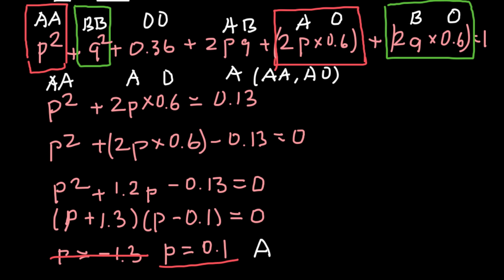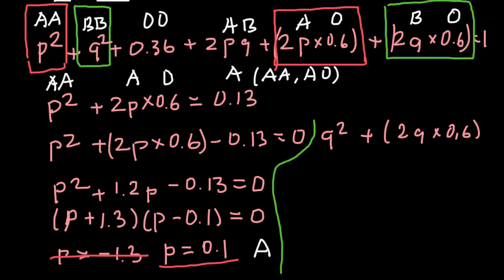I forgot to put the square sign here. So we have Q squared plus 2Q multiplied by 0.6, and this would equal the frequency that we're going to find now.